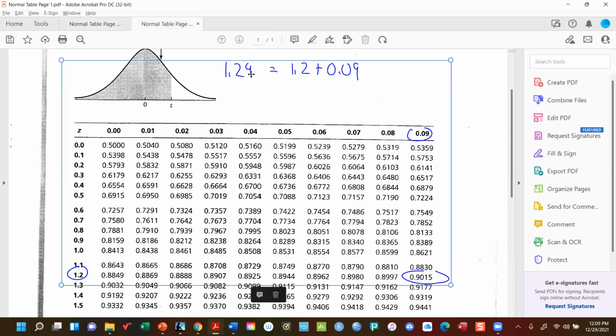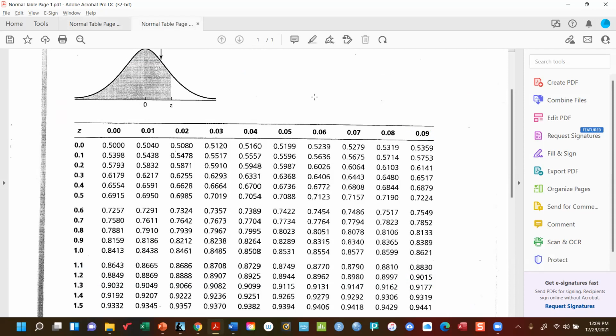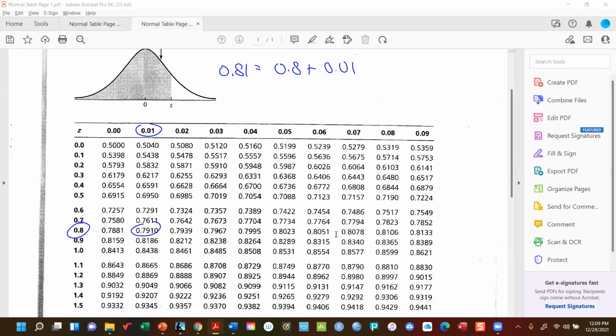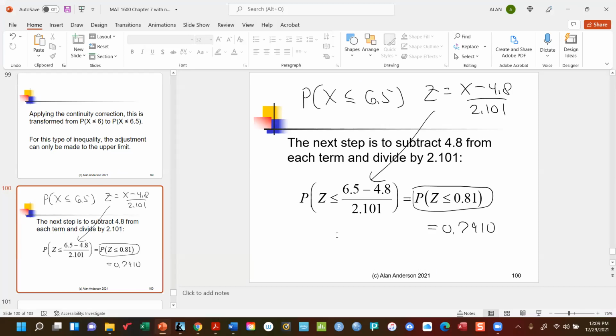I'm looking for 0.81. So 0.08 is here, 0.01 is here. 0.7910 is our final result. Okay, and that's it, you're done.